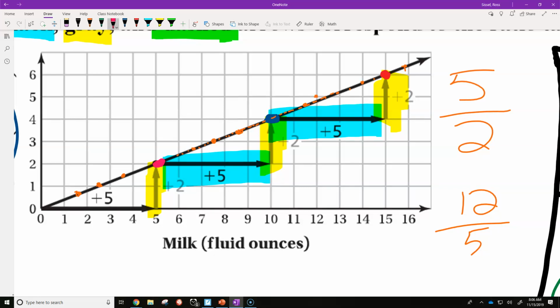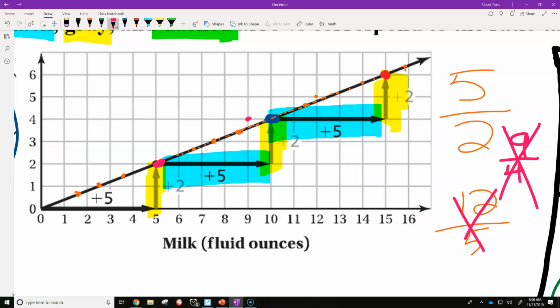What if I gave you the fraction 9/4? Is it equivalent? Well, we go over. Here's 9. There's 4. Is it on the line? It's not equivalent. Can anyone tell me another ratio that is not equivalent?